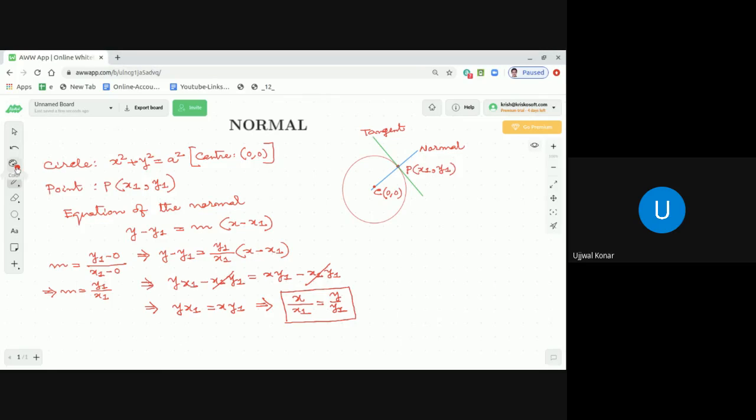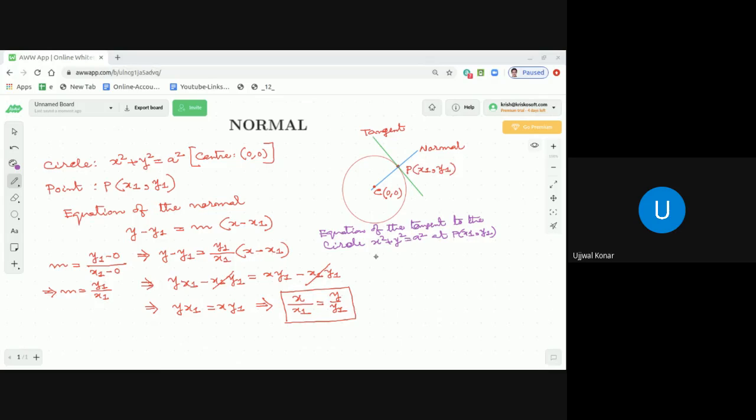Let me use a different color, dear students. So what is the equation of the tangent, in a different approach? The equation of the tangent to the circle x square plus y square equal to a square at P x1, y1.